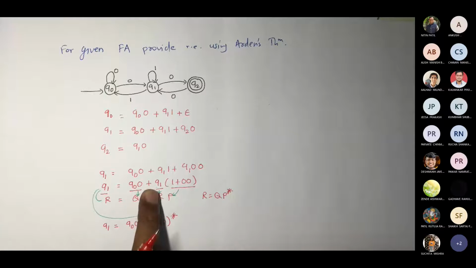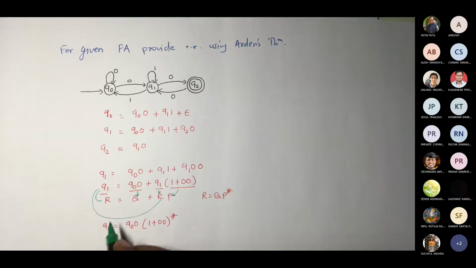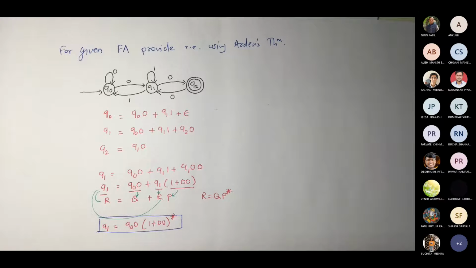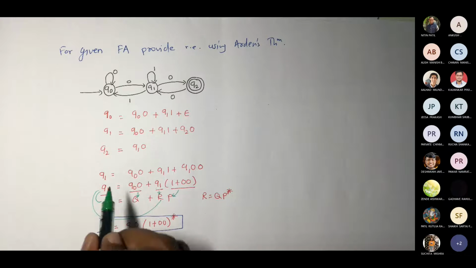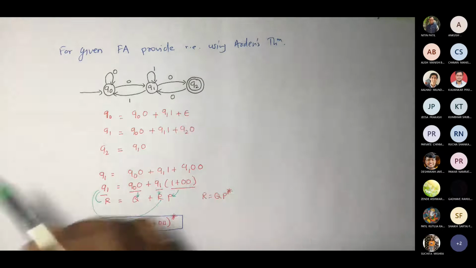So I have removed this occurrence of R by using this equation, and now I got the Q1 value. This is the equation I got. Now I can put the Q1 value, or I can solve for Q1 here. But again, the problem is I don't have anything to represent Q0. So let me put this Q1 value over here. What will I get?